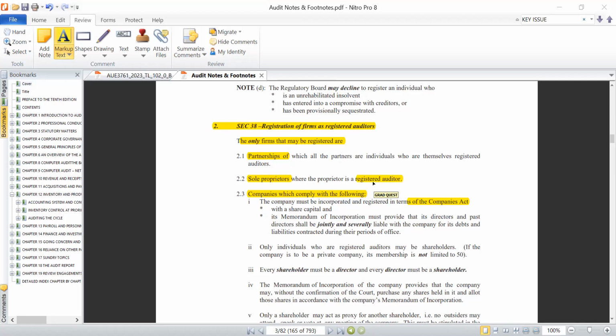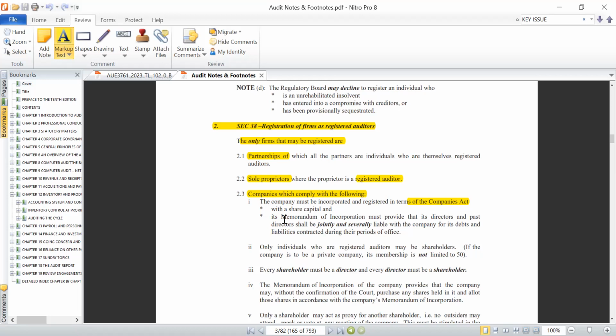There's also that option. But the majority of audit firms out there are in the form of companies, and also in the form of partnership. They are mostly in the form of partnership, or it can be a company, depending on the size. But if it's a company, it means they have to follow standardized procedures of how a company is incorporated.